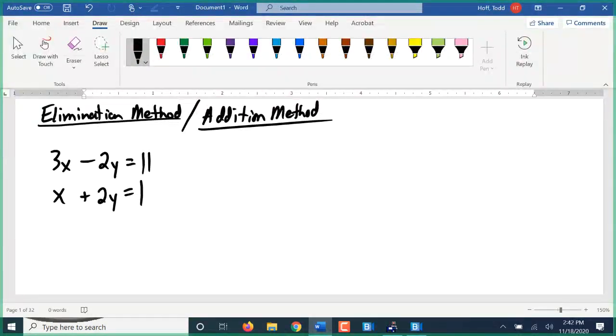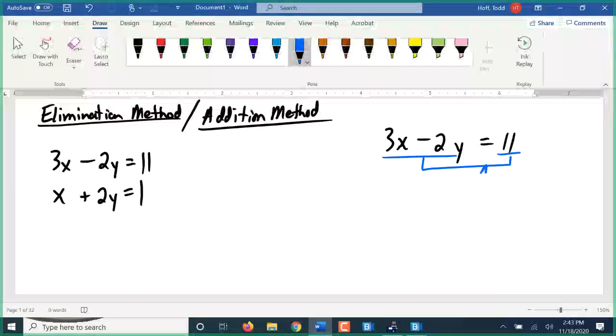So, looking at this, remember when we solve equations, if I have an equation like 3x minus 2y equals 11, I can do the same thing to both sides, and it won't change. Remember, it's a balanced scale. It won't change how that scale balances. It won't change the equality.